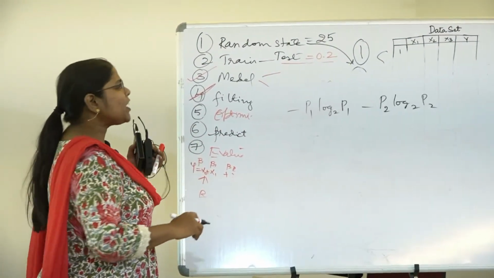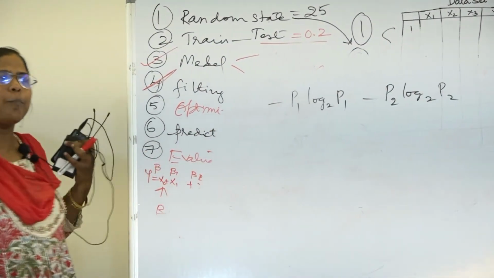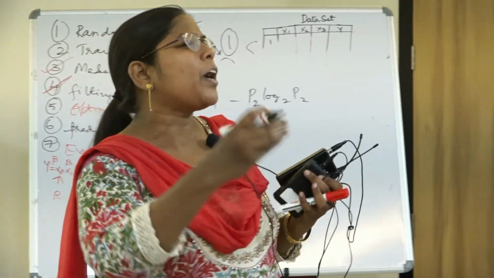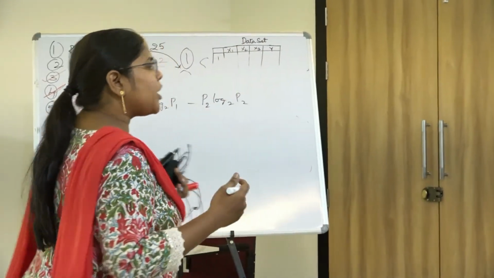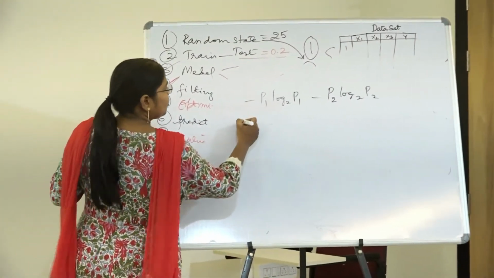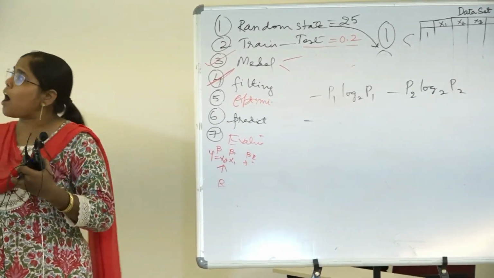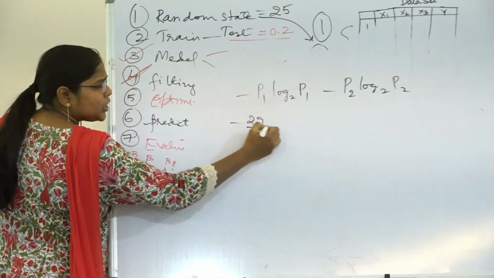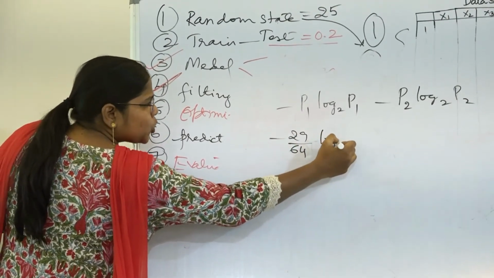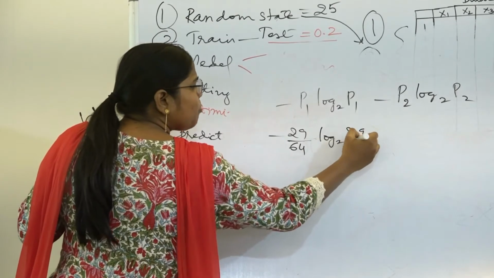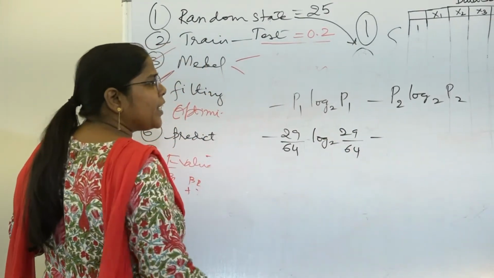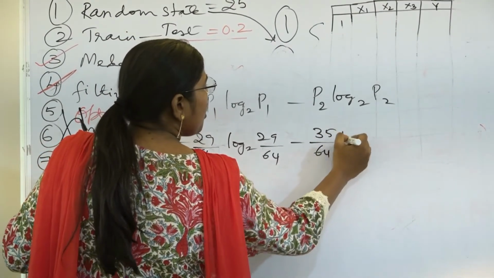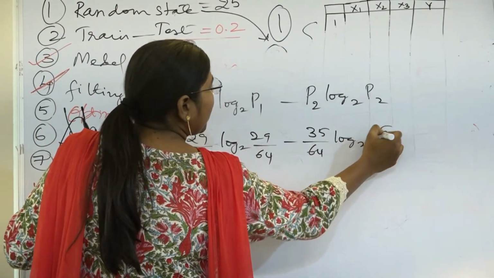Yes. What is this P1? It is the proportion of the number of samples of the first class divided by total samples. What is the proportion of P1? 29 by 64 log base 2 of 29 by 64 minus, what is the second? 35 by 64 log base 2 of 35 by 64.